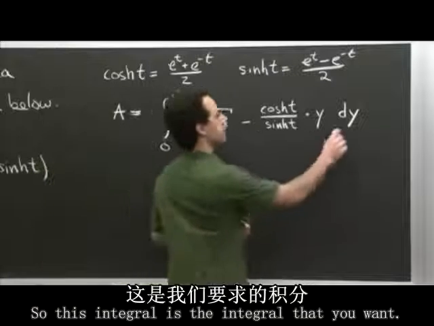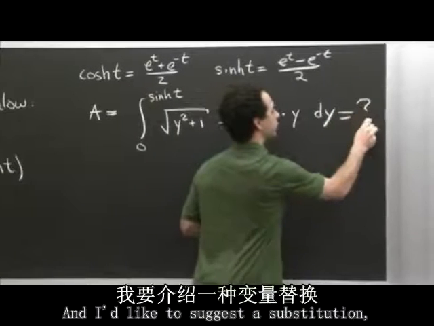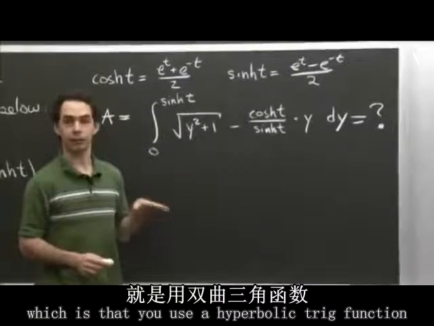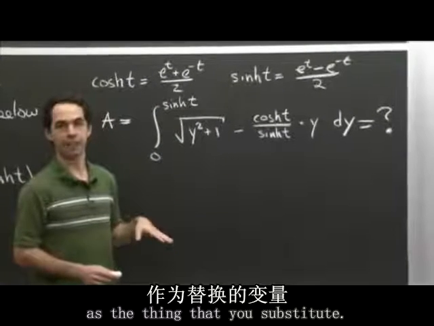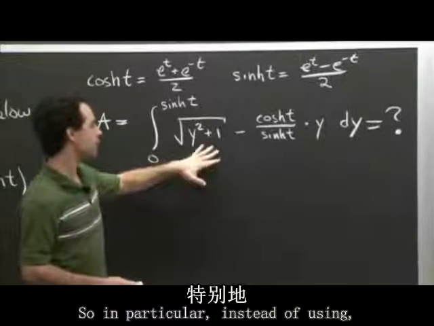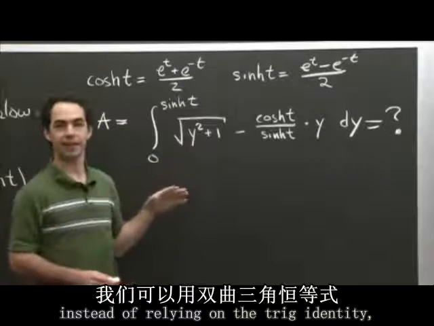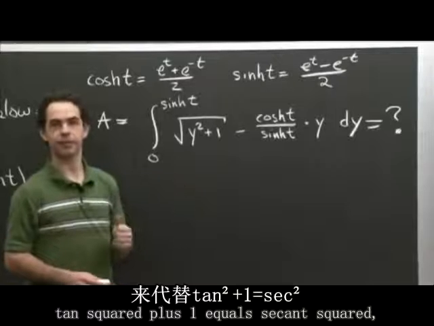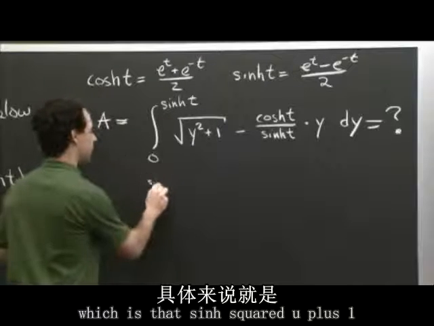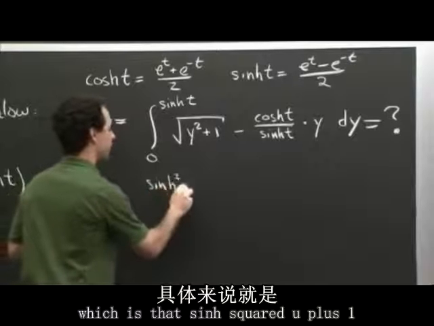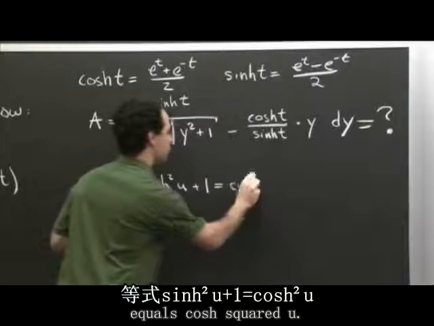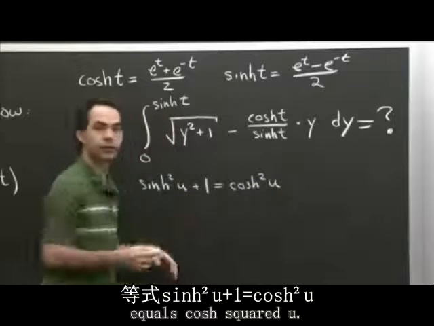All right, so this integral is the integral that you want. And I'd like to suggest a substitution, which is that you use a hyperbolic trig function as the thing that you substitute. So in particular, instead of relying on the trig identity, tan squared plus 1 equals secant squared, you can use the hyperbolic trig identity, which is that sinh squared u plus 1 equals cosh squared u.